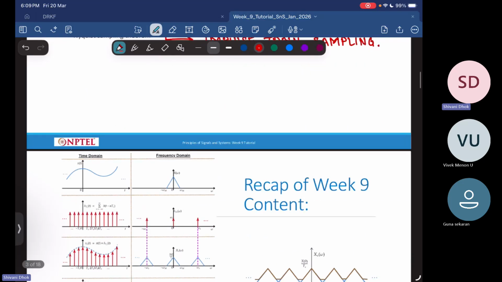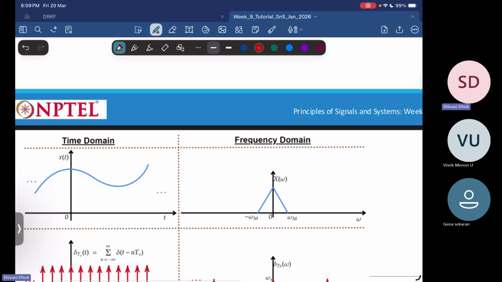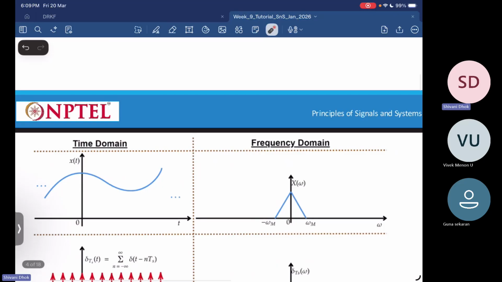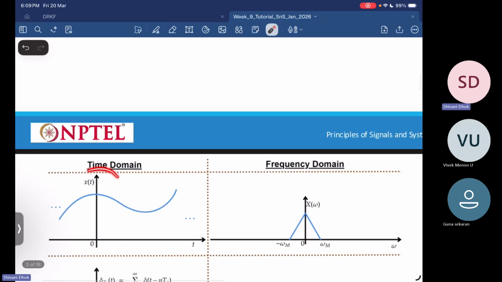So how do we do that? We do that in this particular fashion. Let's say you have a time domain signal which looks something like this, and let's say it is a band limited signal with maximum frequency as little omega m. You have this particular setup, and now you want to sample this continuous time signal to get a discrete time signal.